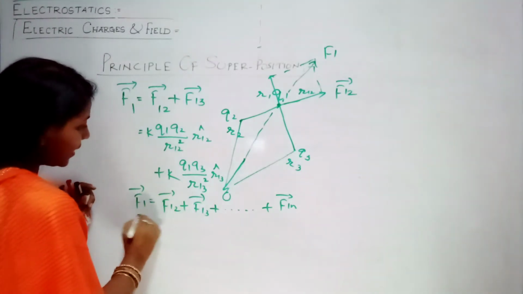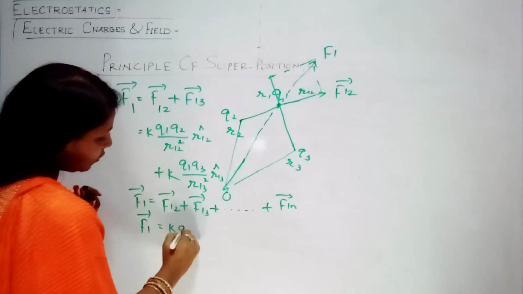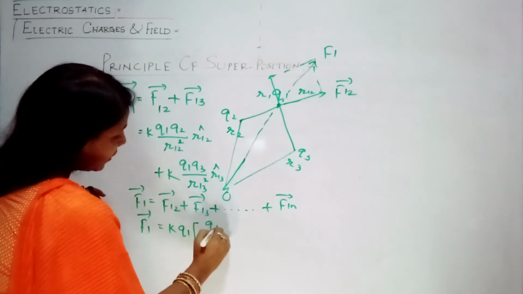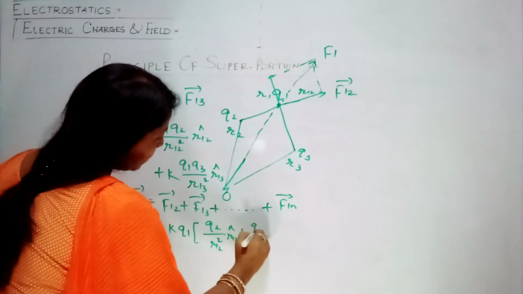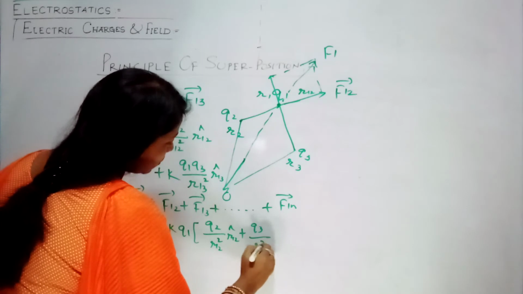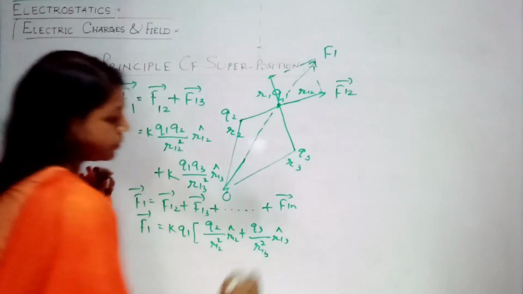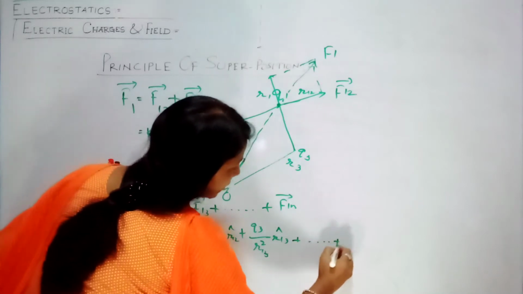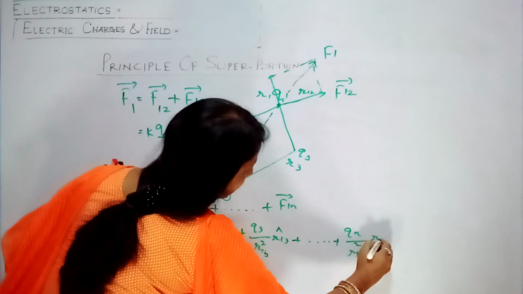Similarly, this expression also I will extend as K. See, Q1 is common here, so can I take Q1 common? So I will write Q2 by R12 square, R12 cap, plus Q3 by R13 square, R13 cap, plus dot dot dot, Qn by R1n square, R1n cap.